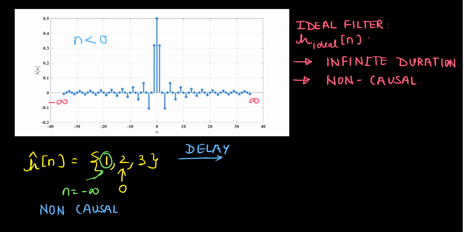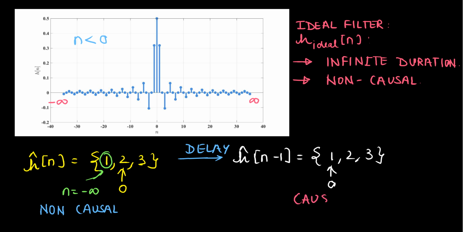So what we have is h hat of n minus 1, which is the same sequence 1, 2, 3, but now this 1 is located at n equal to 0. We observe that there are no non-zero values for n less than 0, and hence this system is causal in nature. So by introducing a simple delay, we can make this non-causal system a causal system.